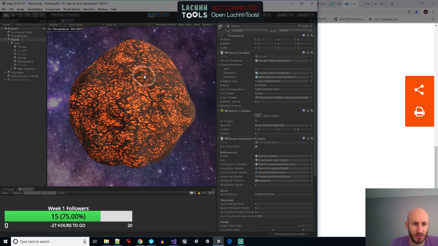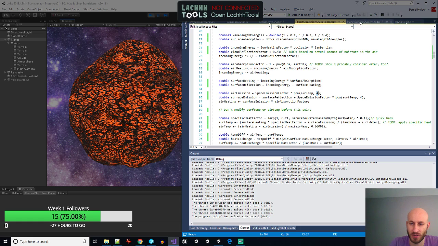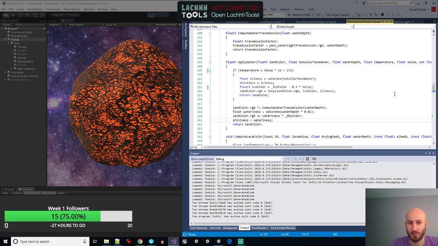So what I'm going to do is do a little debug visualization. I'm going to go to my pixel shader here, and I'm going to output two things. One is the temperature, and the other is how much heat is coming out.